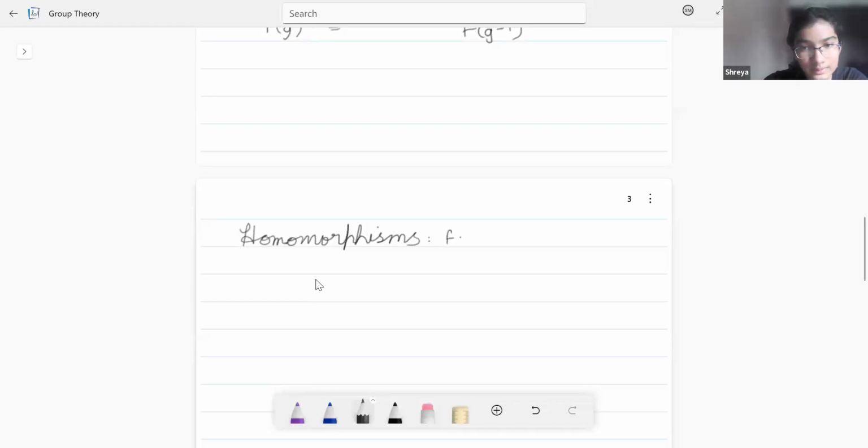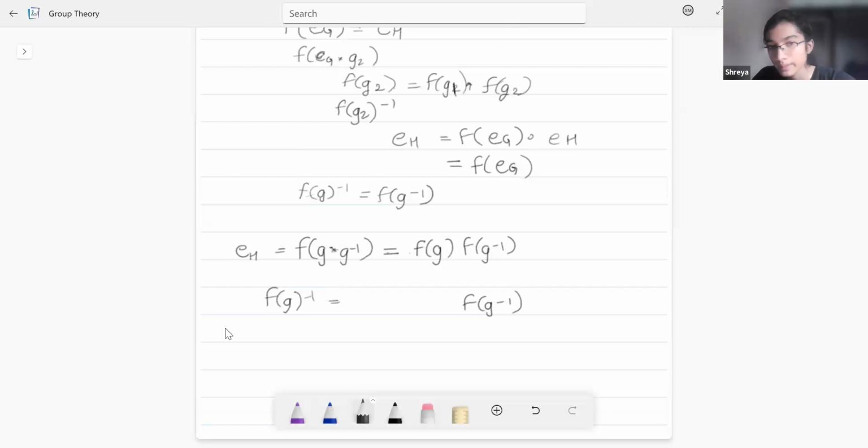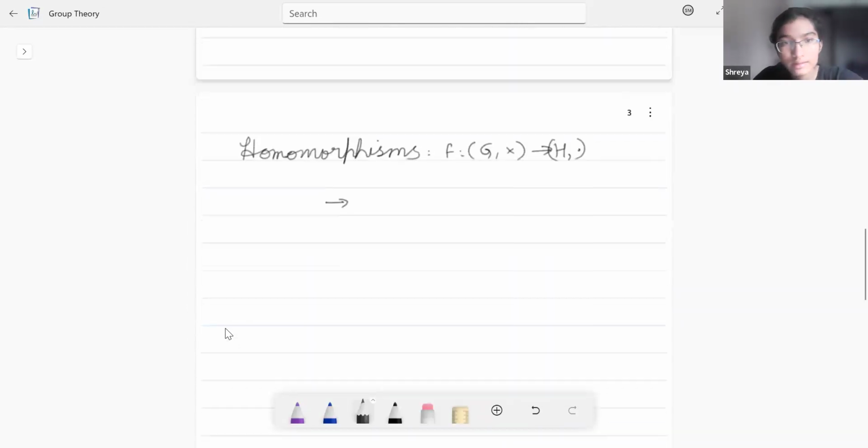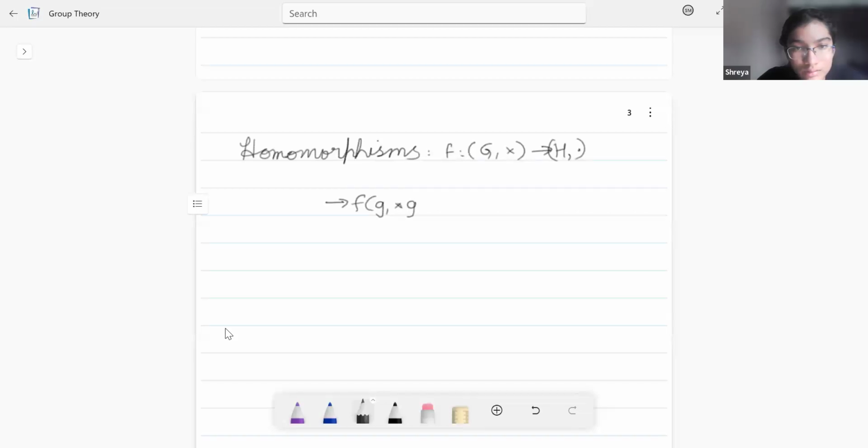So again, if you have a homomorphism f from G to H, all this means is that it should respect the operation. We don't care about it being bijective anymore. We just say that f of G1 times G2 should be equal to f of G1 times f of G2.